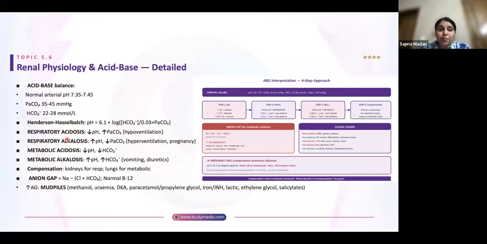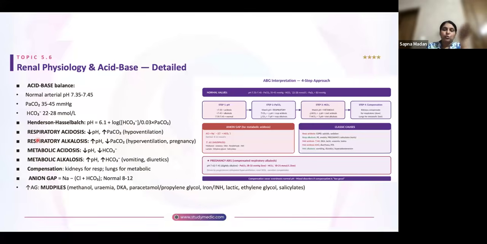Metabolic acidosis. ME means the metabolic system will move equal to the pH. If it is metabolic, what are we measuring it with? Bicarbs. If the bicarbs are going up, the pH is also going up, so they move together. Metabolic alkalosis: pH is going up, bicarbs are going up.